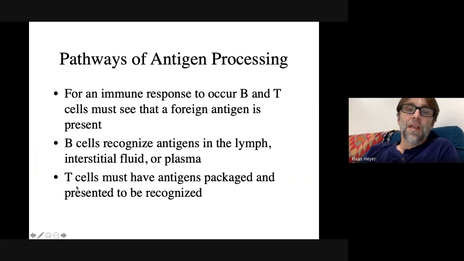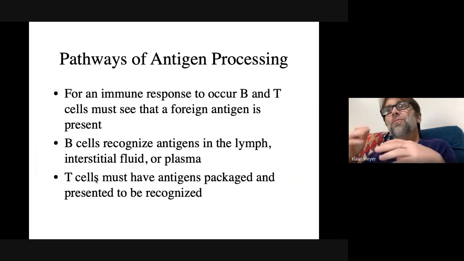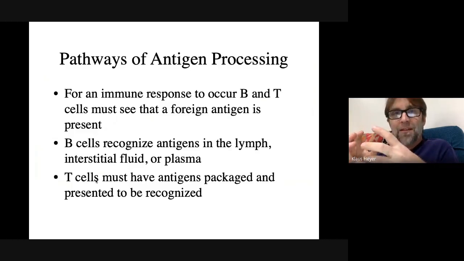So here I'm saying T cells must have antigens packaged and presented to be recognized. That's the antigen presenting cell. They're going to take that bacteria or that virus, break it up, and use it in their MHC molecule.